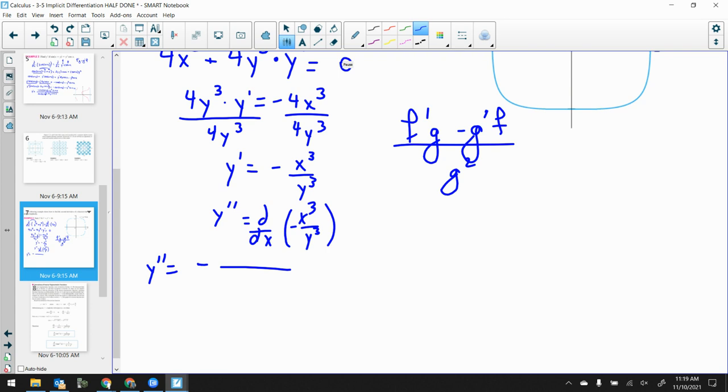F prime g. What's f prime? 3x squared, and then times g, y to the third, minus g prime f. Okay, g is y to the third, right?